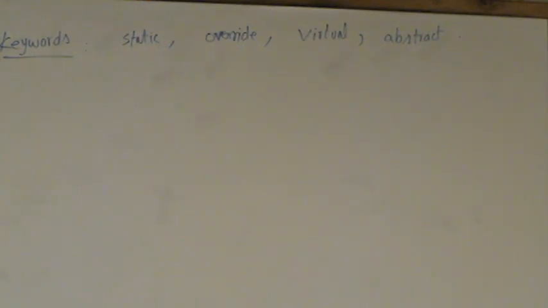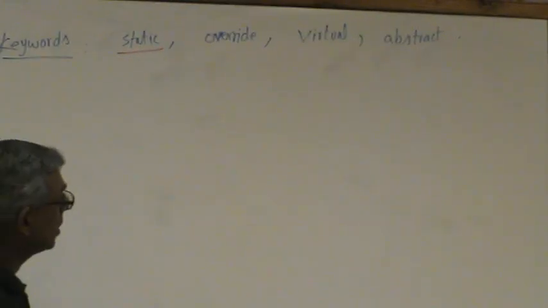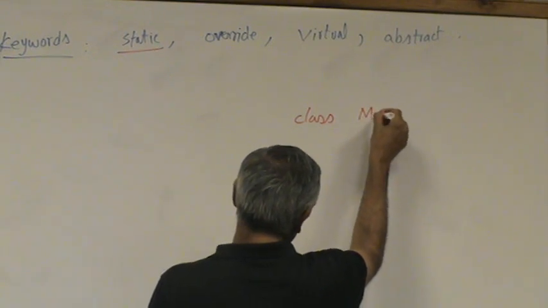So next thing we need to understand is what's the meaning of these keywords. So I'll give you small examples to clarify the meaning of these. So let's come to the static keyword first. Now suppose you created a class, let's say MyCompute.